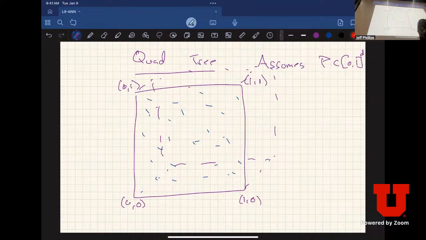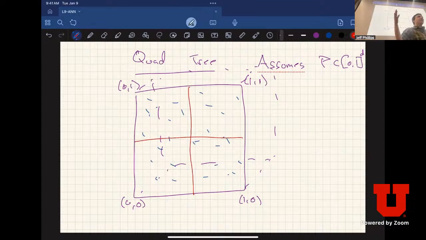The data structure evenly divides the space into cells. In 2 dimensions, it has 4 cells. In 3 dimensions, it has 8 cells of equal size. Each subcell is a box of the same shape as the original one, and I recursively do this on down.